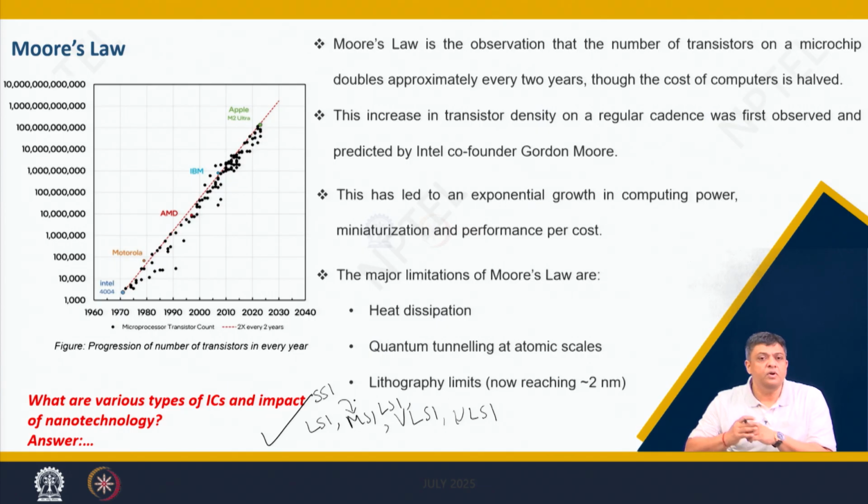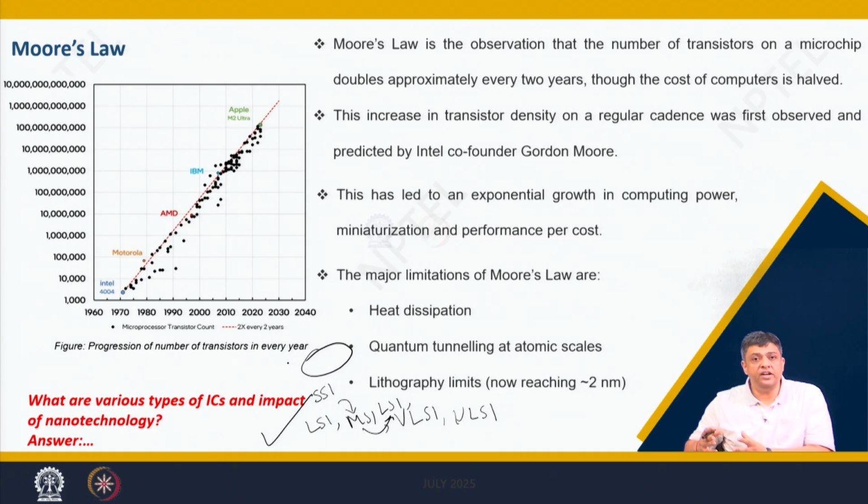You can go from 12 to 100 or maybe a few hundreds. Then you have LSI in the same dimension. I am not changing the size of the wafer on which the circuit is being grown. That means I have the transistors, I have the diodes, I have the resistors which are being constructed on the same chip.